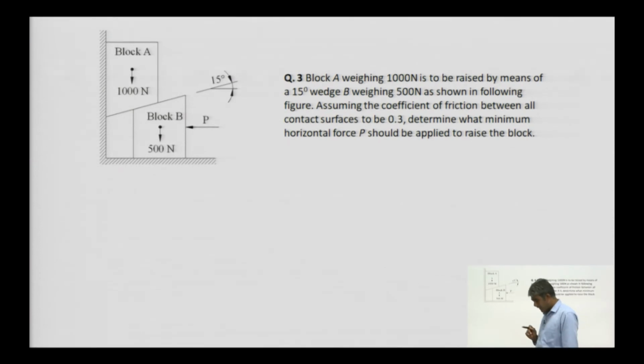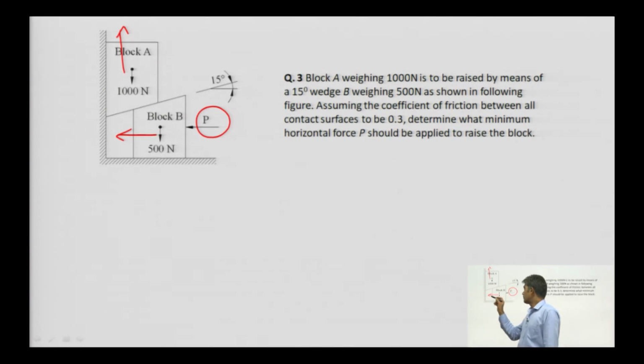What we need to find here? We need to find the value of P for impending condition. In the impending condition, this block will move in this direction and this one block will move in the upward direction.